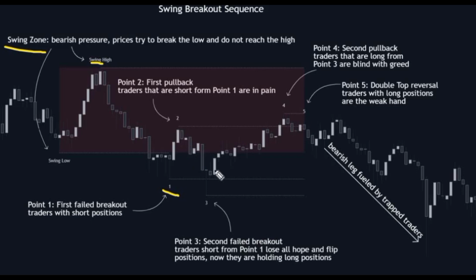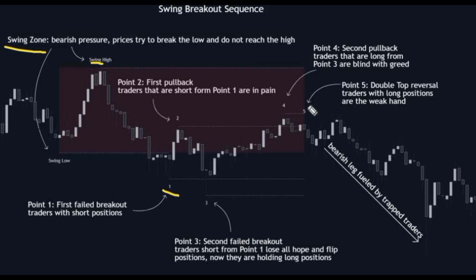I told you that at that given point, you're not supposed to execute your trade. Point number 4 is the second pullback, where traders that are long from point 3 are blinded by greed, because you were supposed to exit your trade right here, but you ignored exiting your long position. You understand?